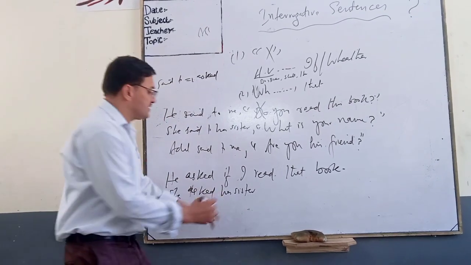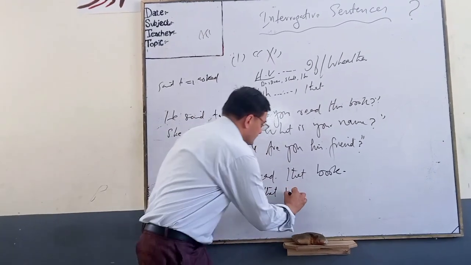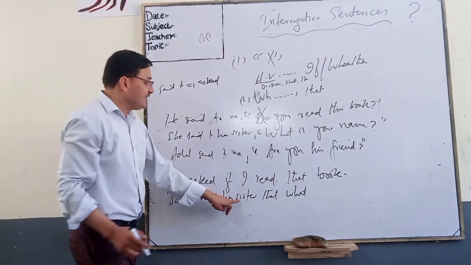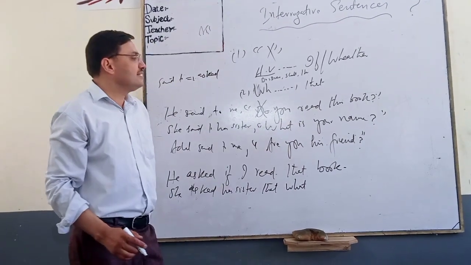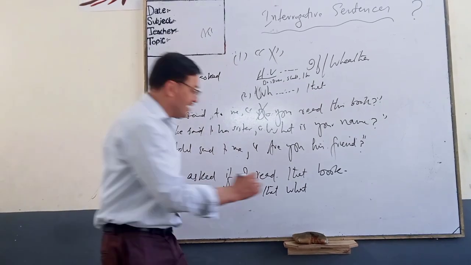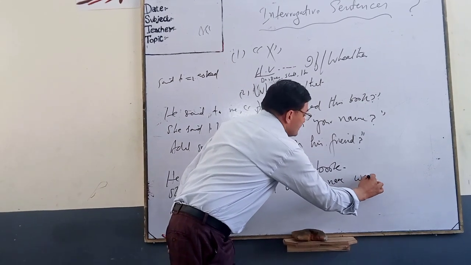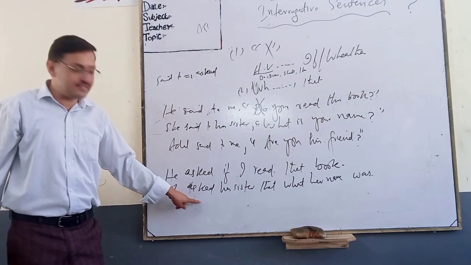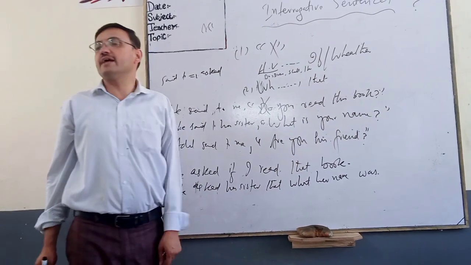So she asked his sister what her name was. You have to change is into was. This is now a simple statement. She asked his sister what her name was.